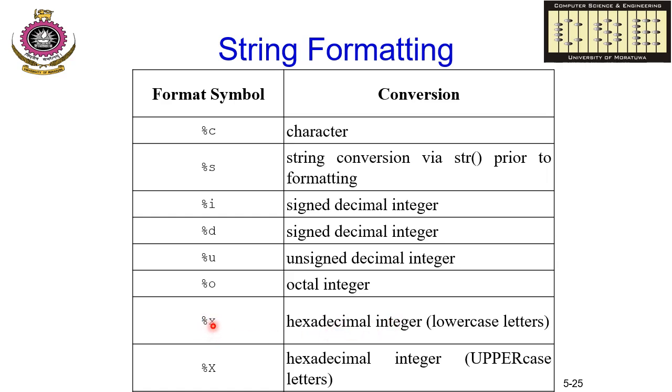Percentage x gives you a hexadecimal integer in lowercase letters, and percentage capital X gives you hexadecimal integers in uppercase letters. So these are some of the string formatting symbols available. There are many others as well. You can look further for an exhaustive list, but we will also look at an example of applying some of these formatting symbols to format the output of a program.